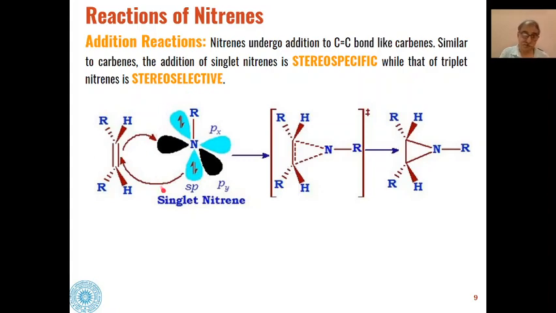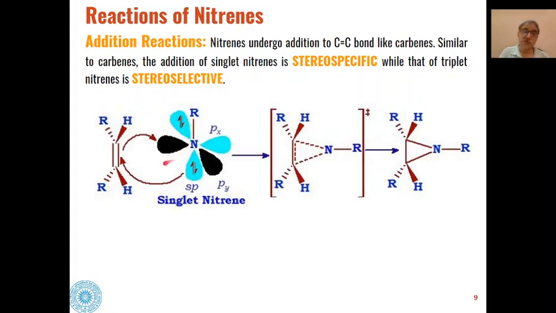less amount. Now we know that singlet nitrene has two electrons present in the sp orbital and two electrons present in the px or py orbital.